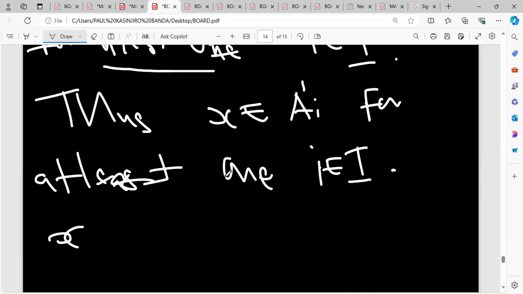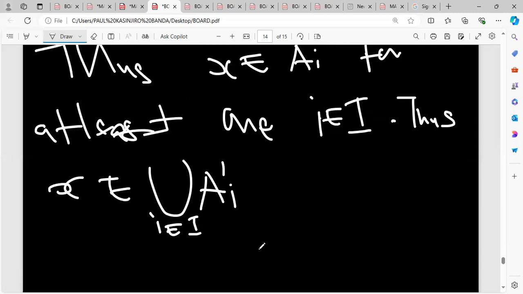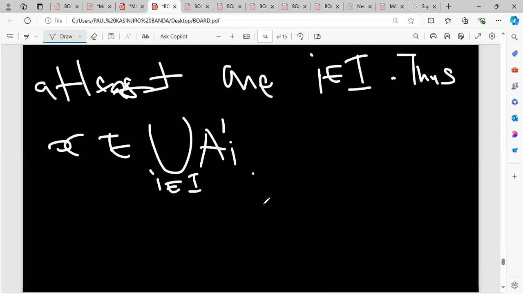So X will be in the union over all i in the indexing set I of A_i complement. So this shows that whatever we have is a subset of whatever we have here.